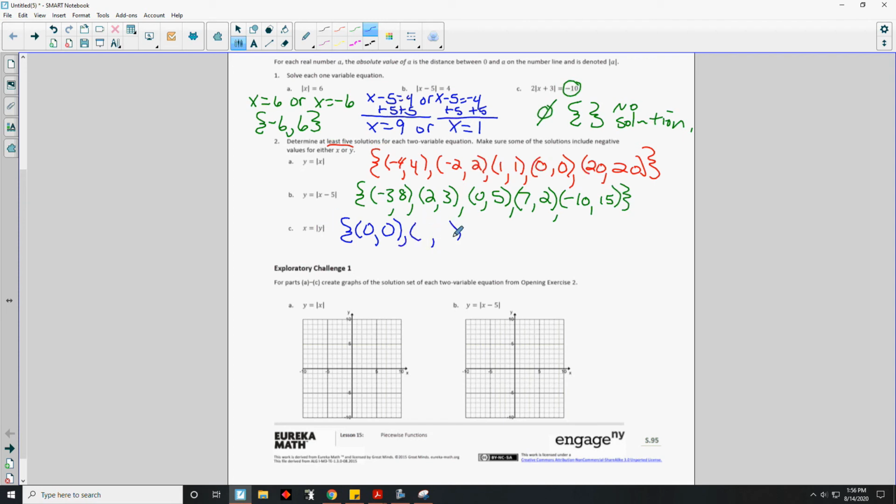Okay, now we're going to plug in y and calculate x. We're working backwards this time. So now let's do a negative 3 for y. Absolute value of negative 3 is 3, so x is 3. And let's pick another y, this time positive 2. Absolute value of 2 is 2. And, I don't know, 17.